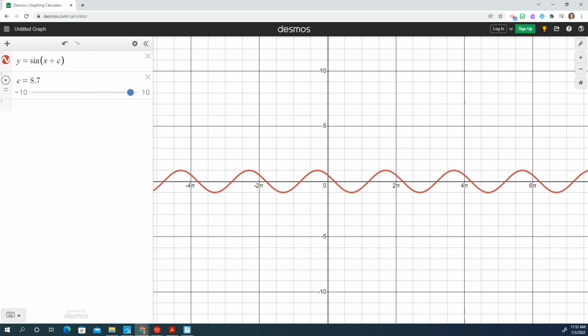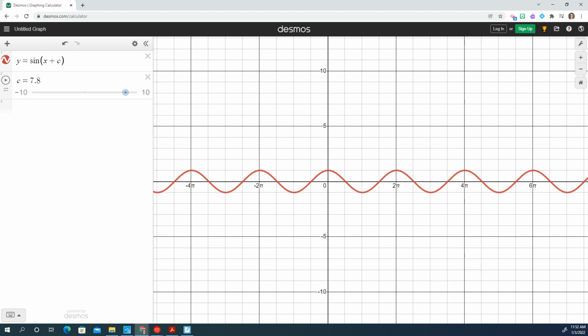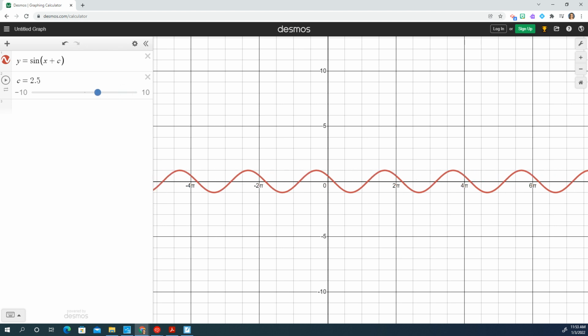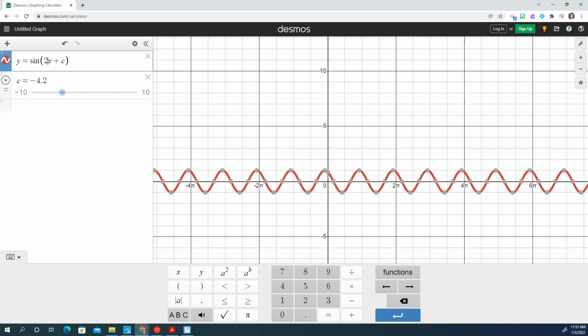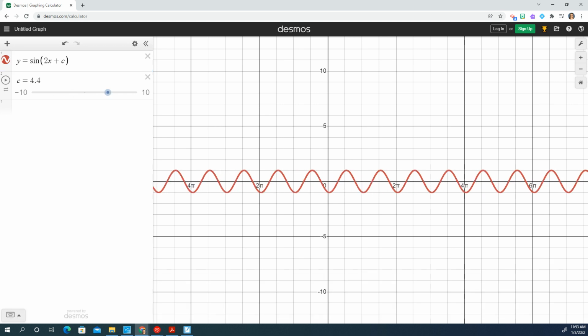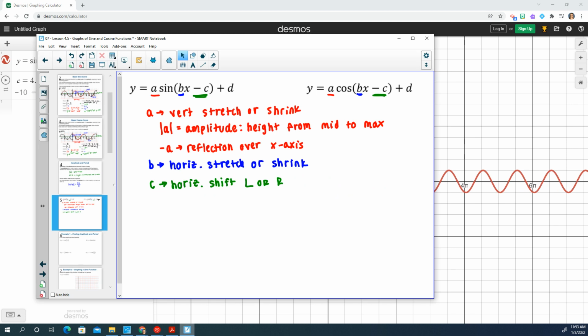There's my cosine curve now. Starts here, ends here. A sine and a cosine curve is just shifted. Now if C is negative, it shifts it to the right. So it doesn't change the period, the length of a cycle. That would be if I have some number right here, like 2. But it does change where I start and end my cycle. So these two go hand in hand in changing your period.